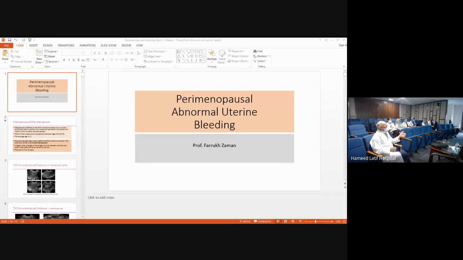So menstrual abnormalities are not uncommon in that period, between 40 and 58 years of age, and as this slide shows, it can last 4 to 8 years, which denotes the perimenopause. After there has been complete absence for 12 months, then we say yes, it's menopause.